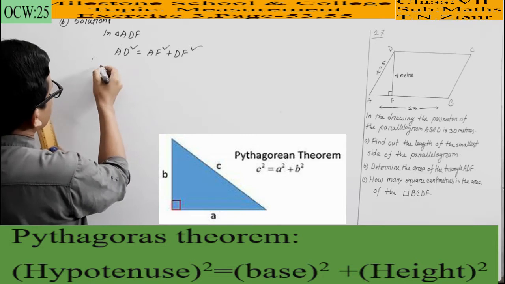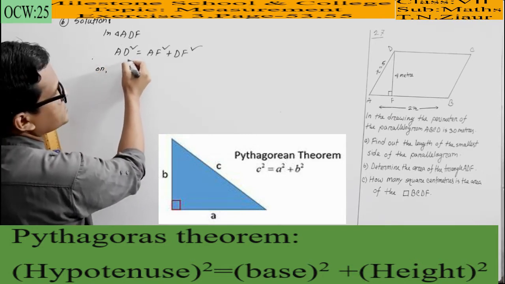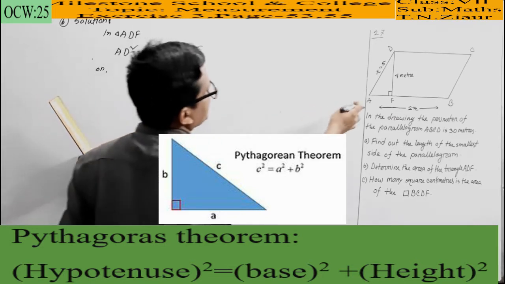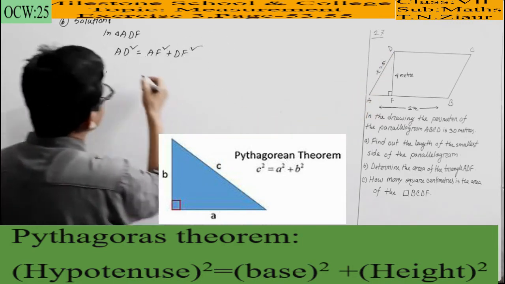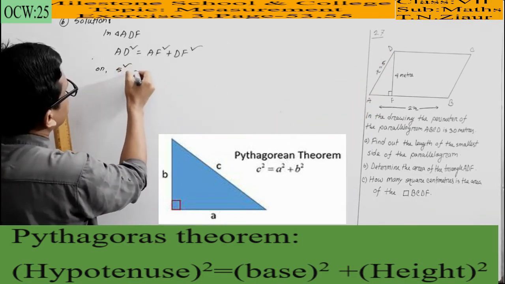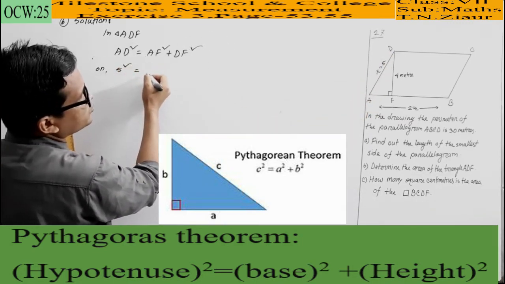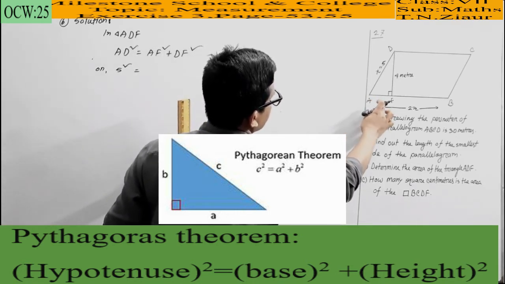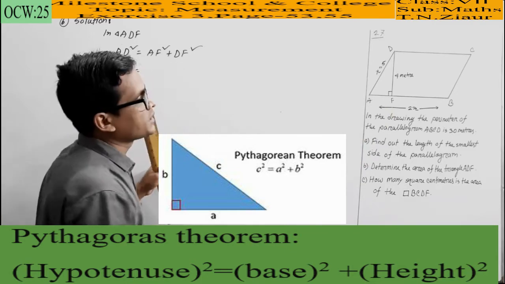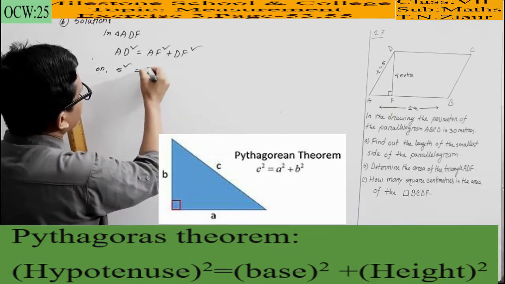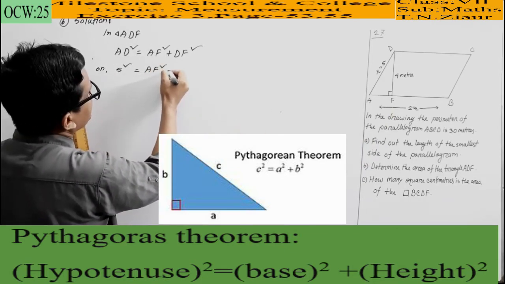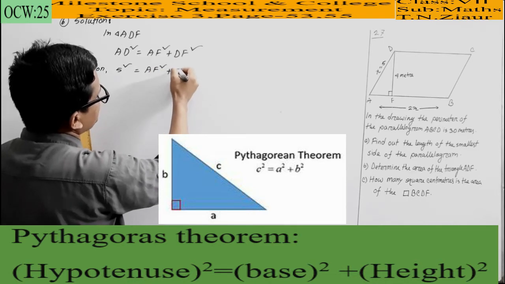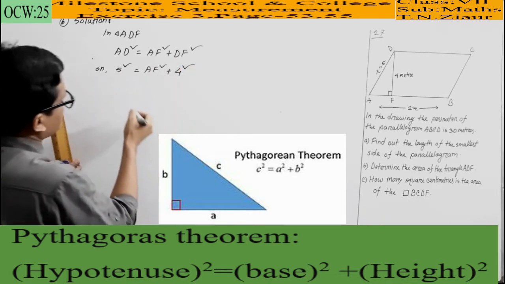So now just place the values here. AD is equal to 5. So 5 square is equal to AF square plus DF square. We have to find the value of the base, AF square. DF is 4, that means 4 square.